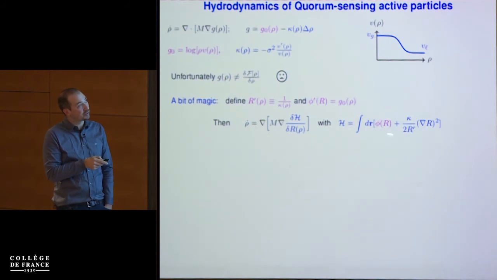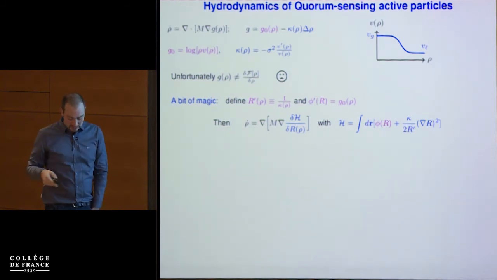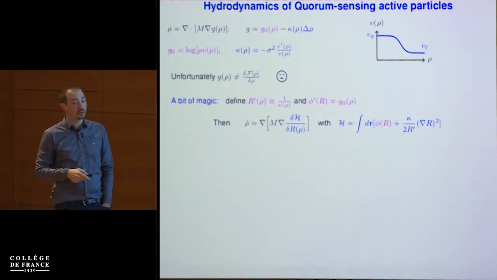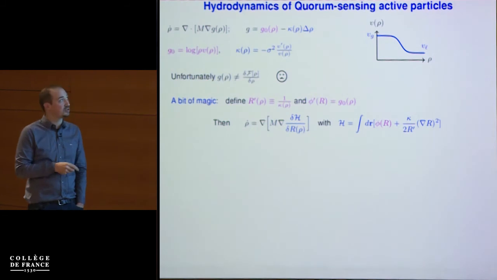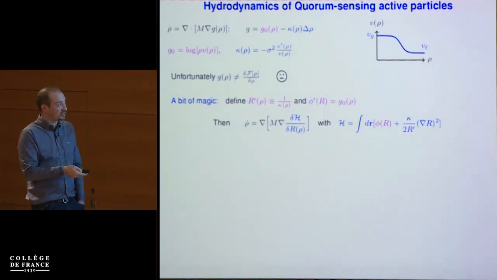There is a local bit and a gradient bit. But now the local bit is the integral of the local part with respect to r and not with respect to rho. So it's something slightly puzzling. As Jean-François will say immediately, we have absolutely no clue of any physical intuition on that. It's a mathematical mapping which exists.